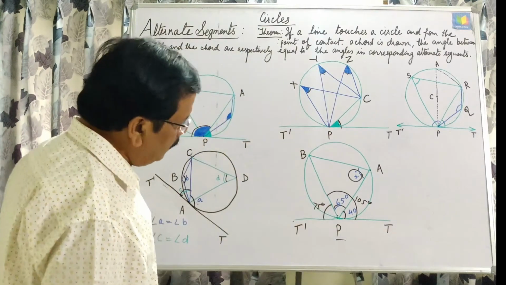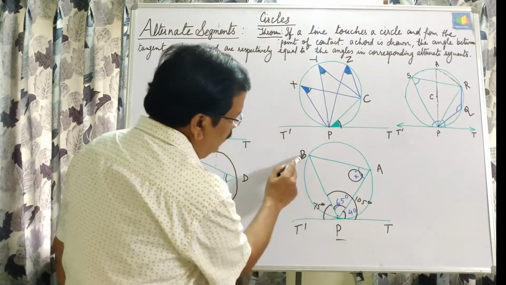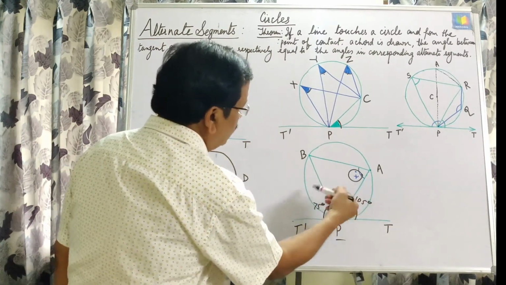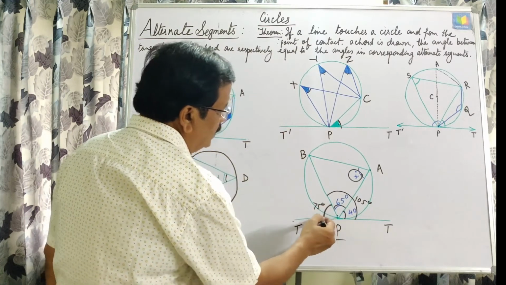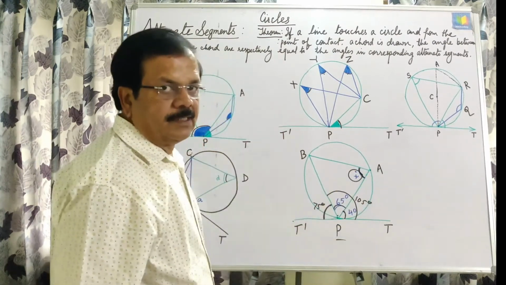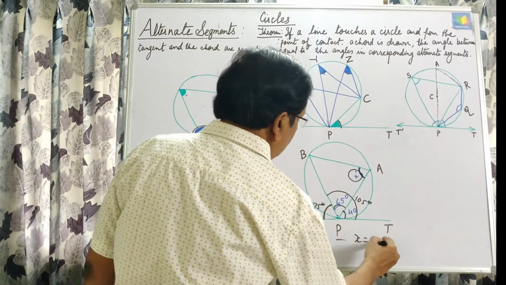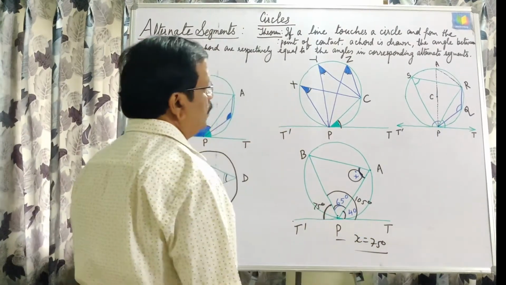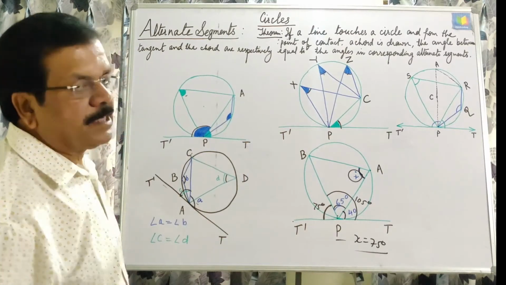And if we take BP as a chord, then BP divides into two segments, and in one segment this is making 75 degree with the tangent, then in the other segment this is the same, and so the value of x is equal to 75 degree. And this is the concept of alternate segments.